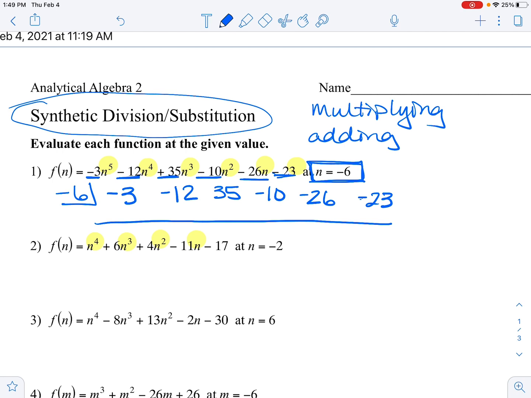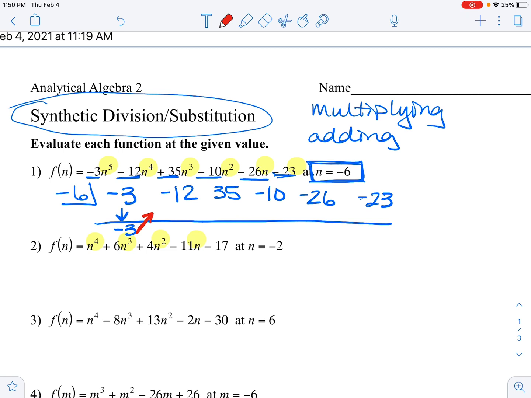So, step 1 is bring down. This is the only time we're going to bring down. Now, then I said you're going to multiply. We always are going to multiply up. And what are we multiplying?